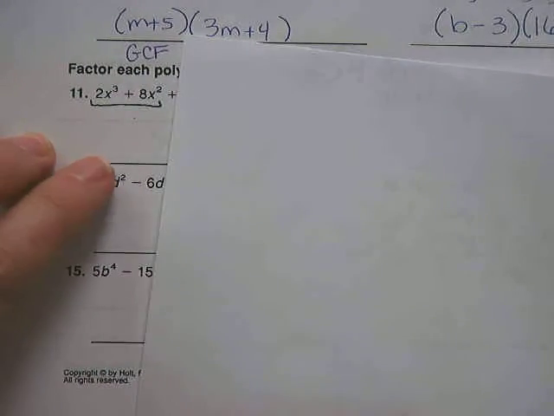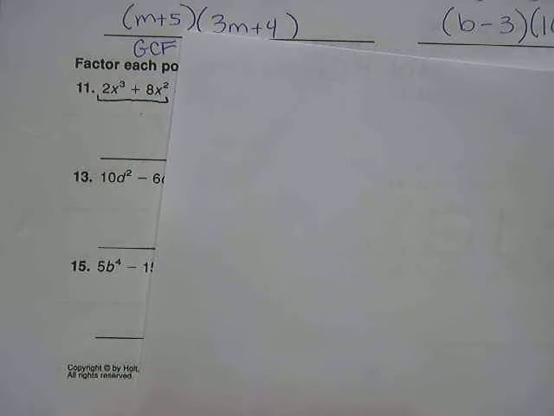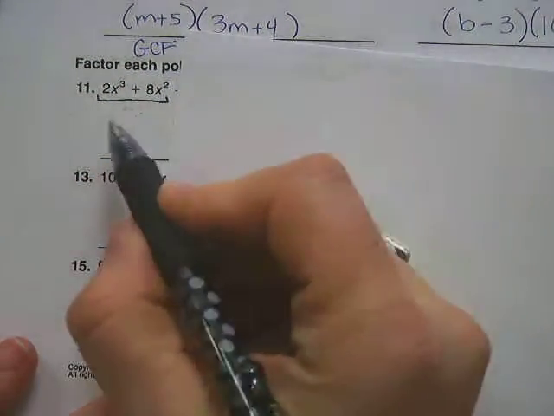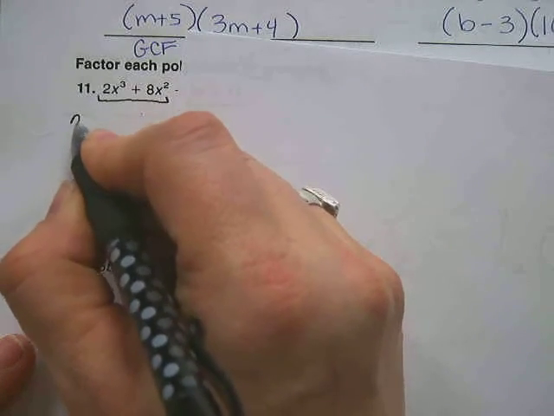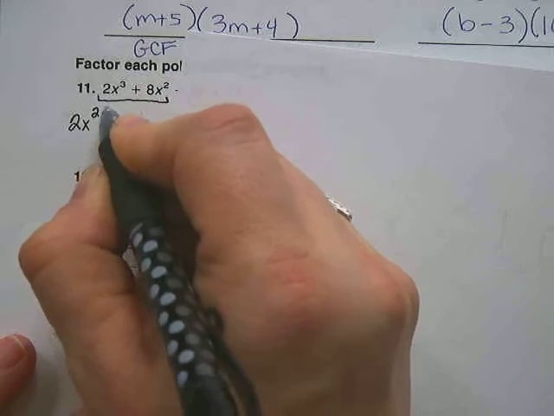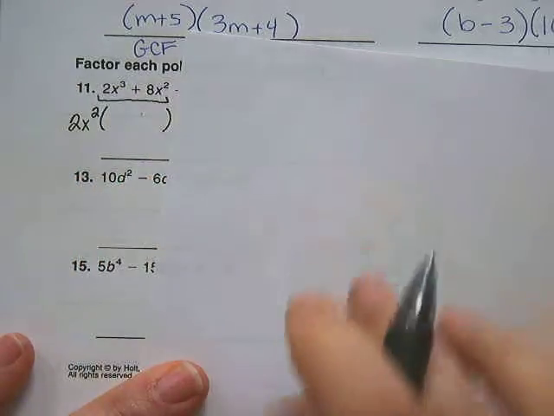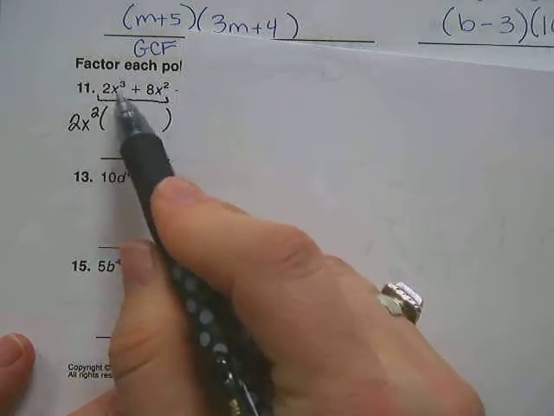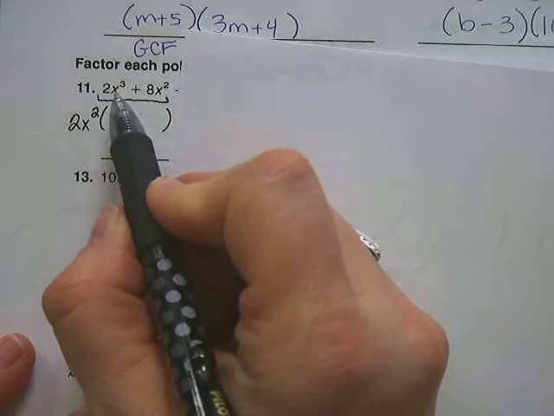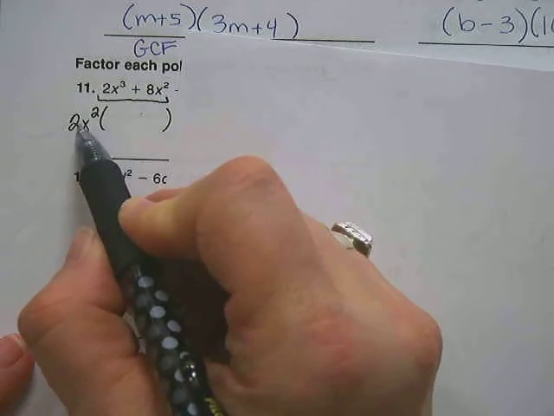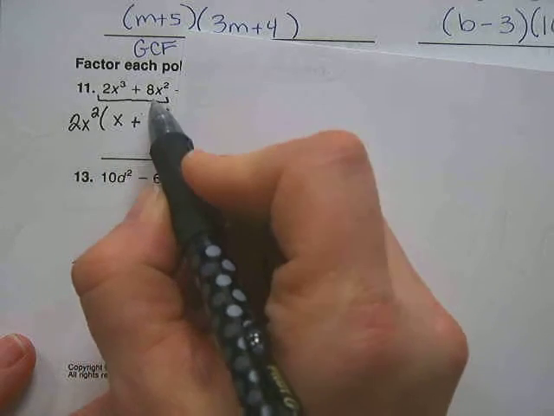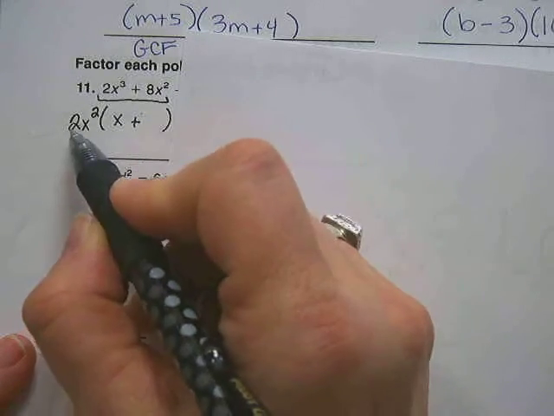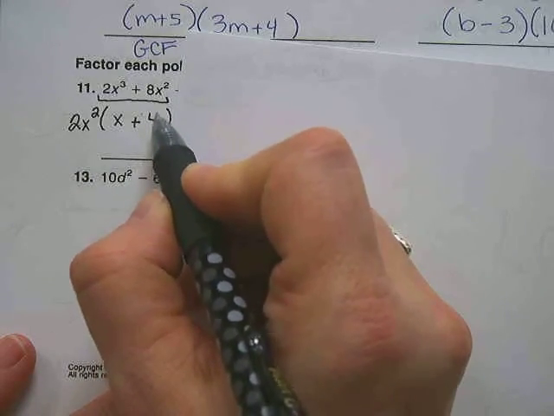And we look at the first 2 terms and we ask ourselves, is there a GCF between 2x cubed and 8x squared? Well, hopefully you recognize that there's a 2x squared as a GCF of this binomial. So when we divide 2x cubed by 2x squared, we're left with x plus, and when we do 8x squared divided by 2x squared, we get 4.